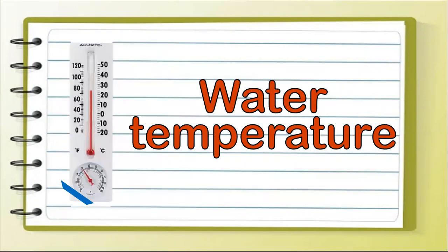There's also water temperature. The water temperature must not be too cold or too hot in order for the organisms to survive in that environment. If the water is too hot, tendency they will die, and if the environment is too cold, they can survive that coldness also.